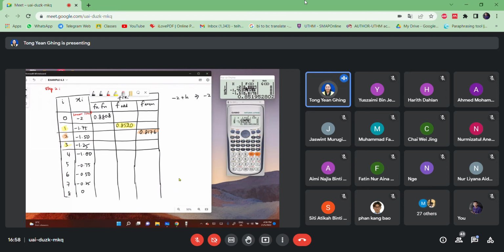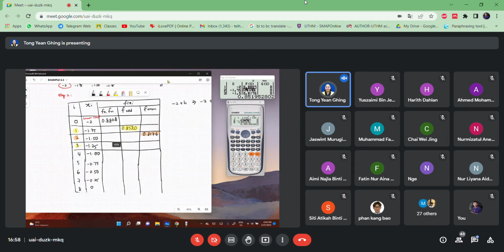Okay, now we continue with this one, and then continue with this one. 0.7773, and then next 0.7311, 0.6792, 0.6225.